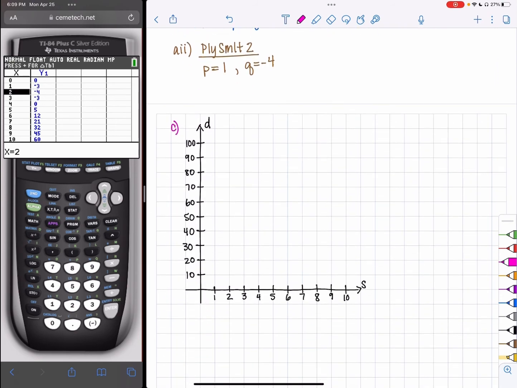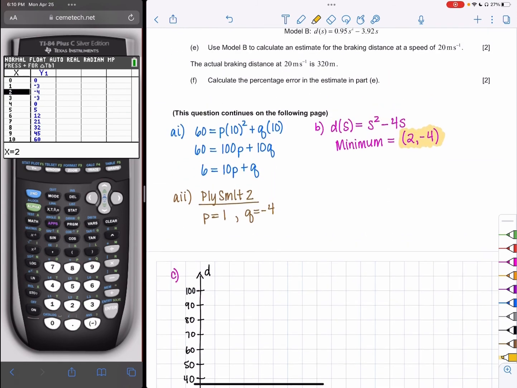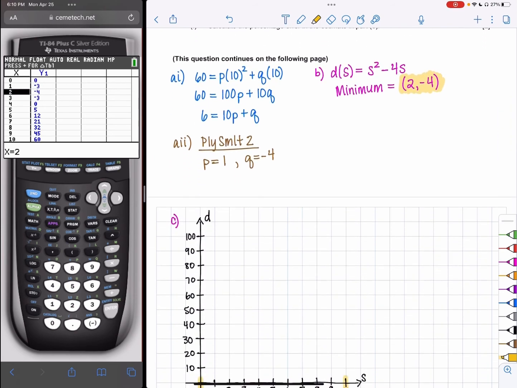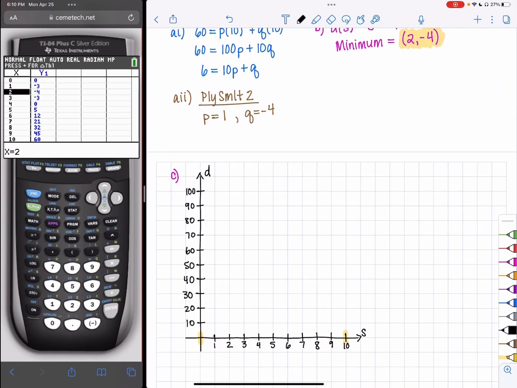So I'm only going from 0 to 10 here, and it says that I am only going from negative 10 to 60 for D. So my graph should be within this range of x values and y values.